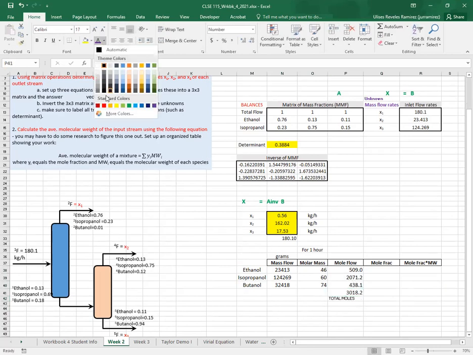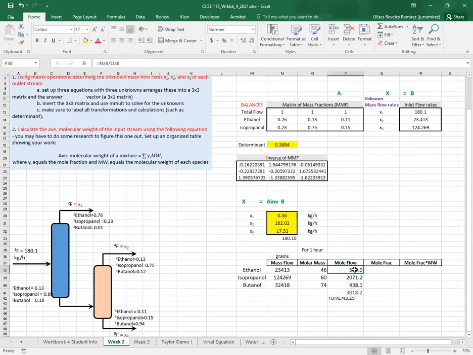And I want to use this to calculate the mole fraction. You remember mole fraction is moles of the species over the total number of moles. So mole fraction equals the number of moles of that particular species over the total number of moles.